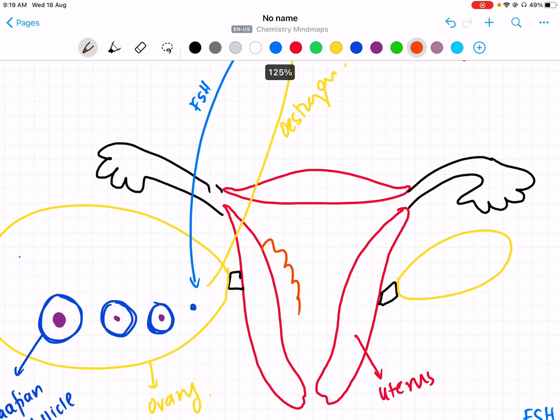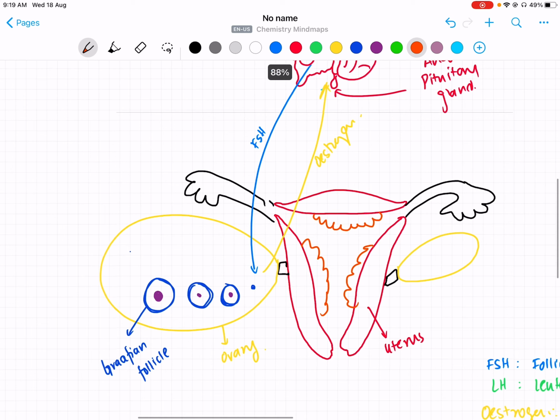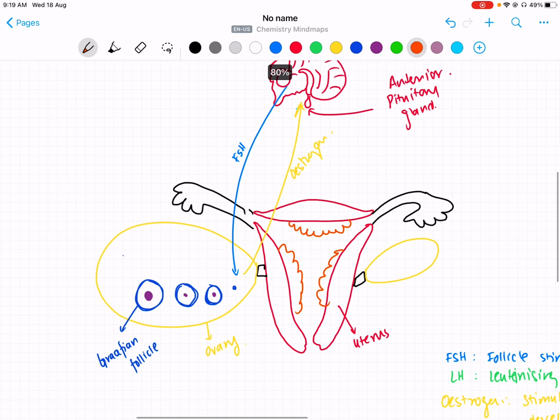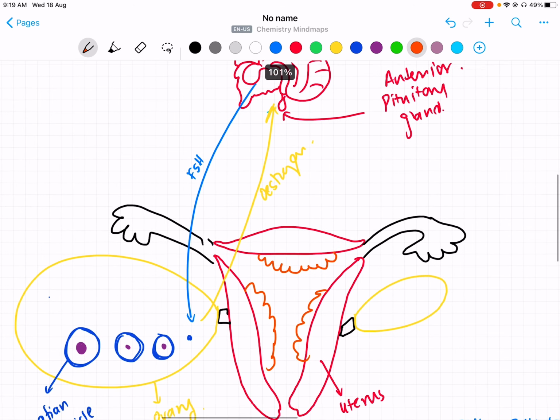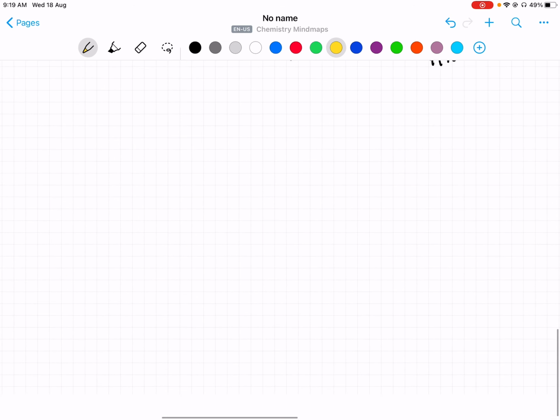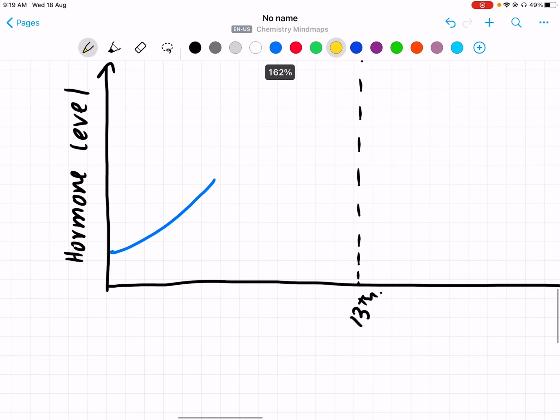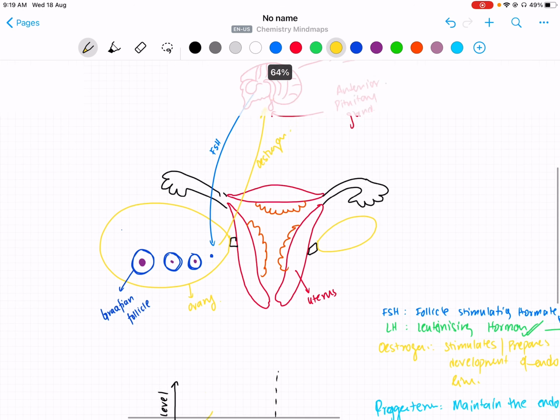So what you have is this spongy structure called the endometrial lining that forms on the uterus and is rich with blood vessels. Okay, that's the estrogen. Let's draw on the graph the increase in estrogen level.